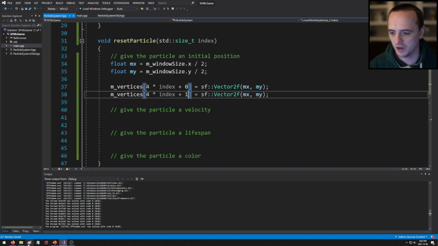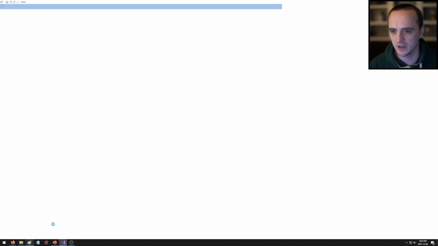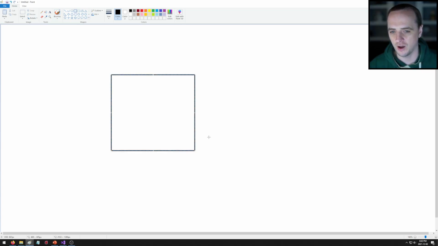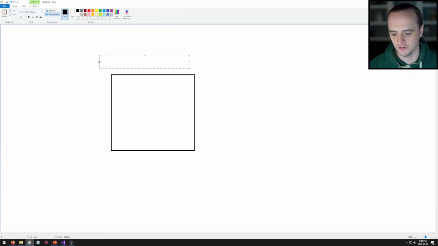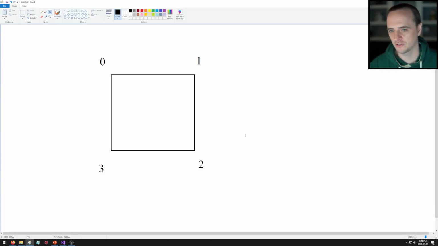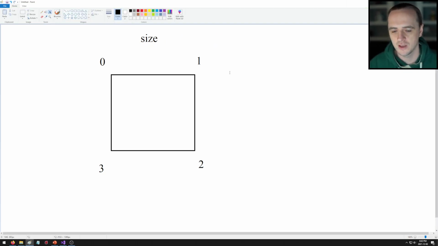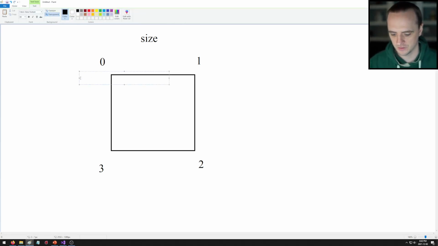So let's open up a little bit of a diagram here and we'll see what we're working with. If I want to draw a quad, this is going to be vertex 0, this is vertex 1, this is vertex 2, and this is vertex 3. Now I'm drawing squares for my quads here, so I have a size variable. If this is mx, my up here, this is the coordinate for the top left.